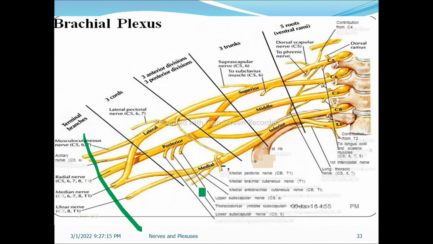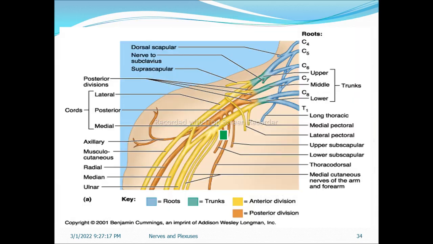So this is known as the upper subscapular, thoracodorsal, and lower subscapular. And this one is the medial pectoral nerve, and this is the long thoracic nerve, and other branches also will arise from this one. This is the phrenic nerve, and this is also the same thing.